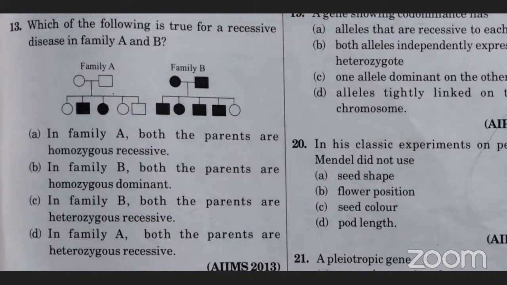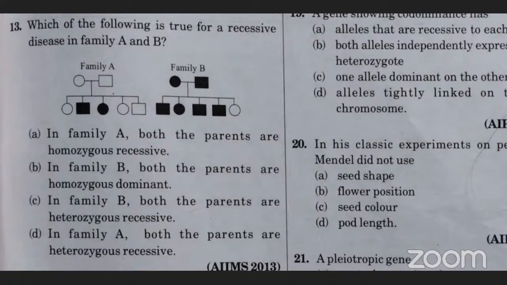In family B, if both parents were homozygous dominant, they would not have got the recessive disease in the first place. If both were heterozygous recessive, then also they would not have got the disease, nor would 80% of the progeny be diseased. Clear? So your answer is D.